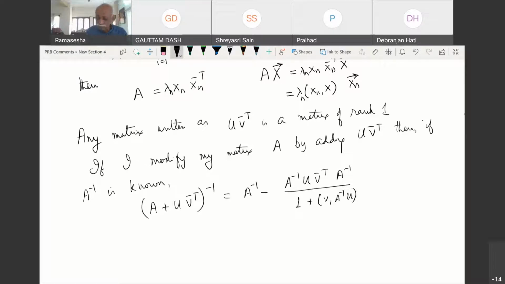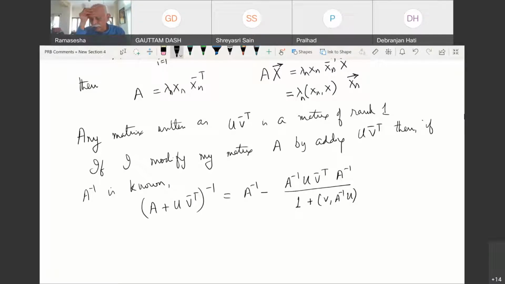Looks a little forbidding, right? Because if I want the inverse of A plus U V bar transpose, and I know A inverse, then it is related to A inverse by this formula. Most of the time U V bar transpose just corresponds to one element, say some B_ij.